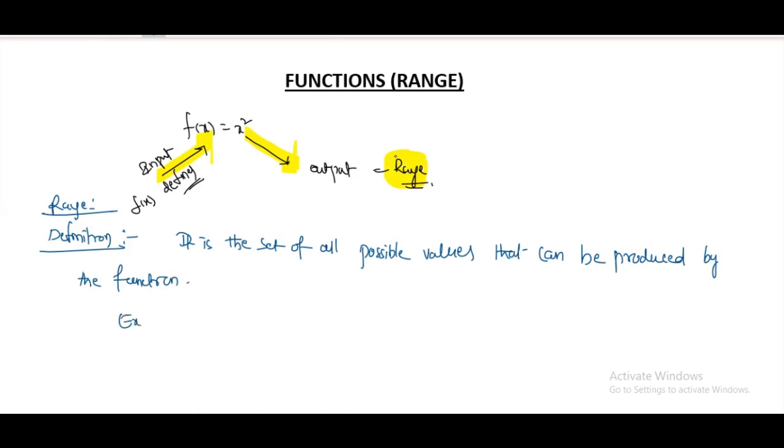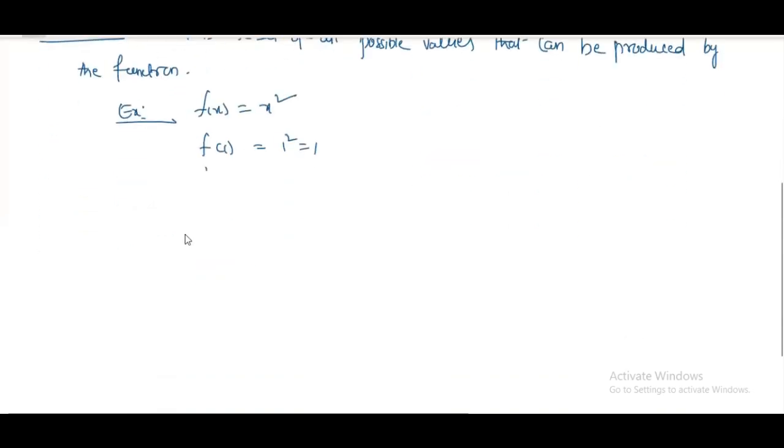So, a simple example I just gave here: f of x is equal to x square. If I substitute 1, 1 square is 1. If I substitute minus 1, minus 1 whole square is still 1. If I substitute 2, 2 square is 4. f of minus 2, whole square, is 4.